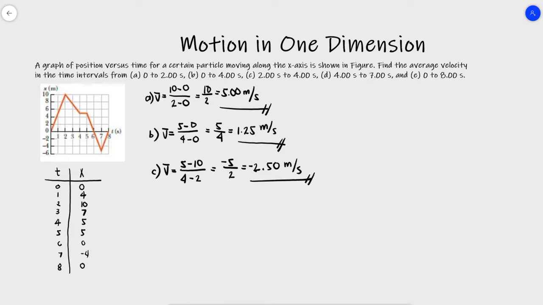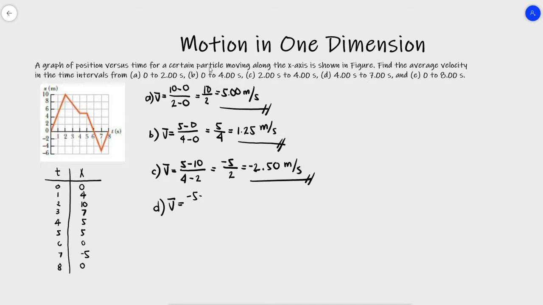For letter D, solution here: the average velocity after 7 seconds, looking back to the sketch, I'm sorry, instead of negative 4 it should be negative 5.